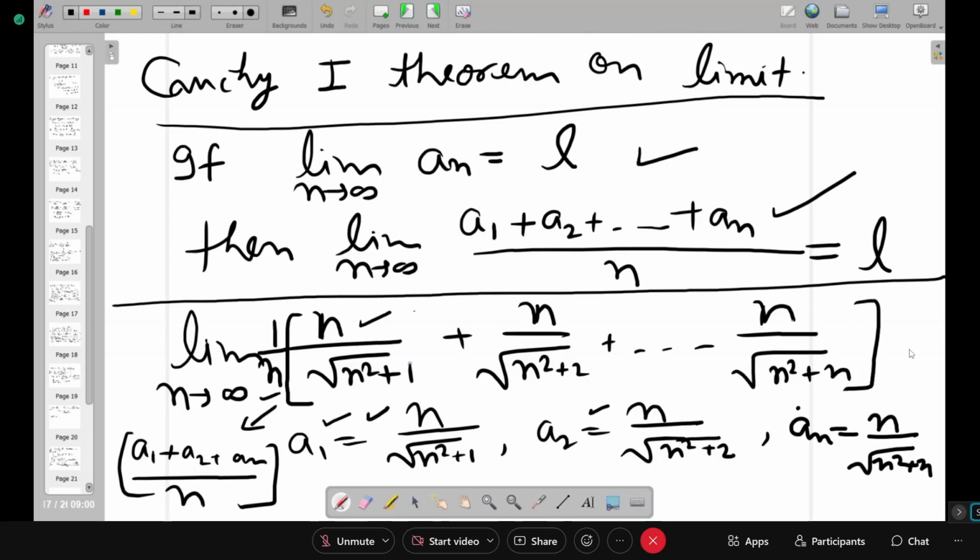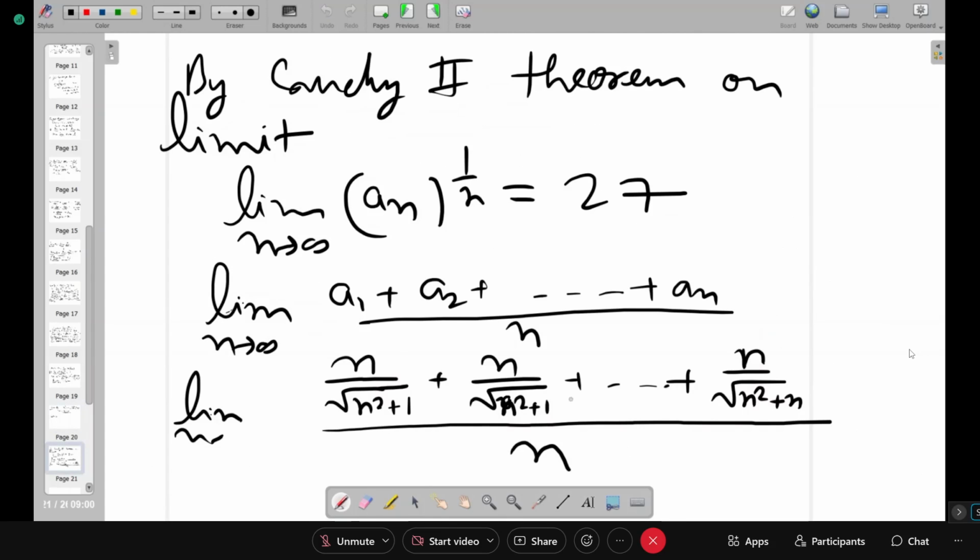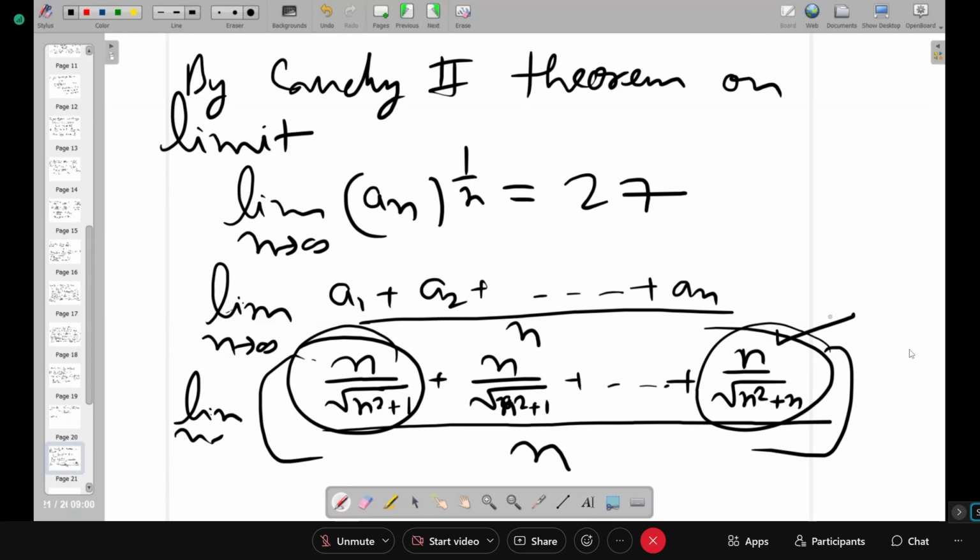Then if you take n common in the numerator and denominator, this sequence will be the original sequence. So if you compare, this is our a1 and this is our an. So with a1, an we can find the limit, because this and this are the same.